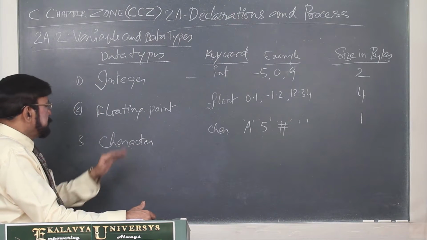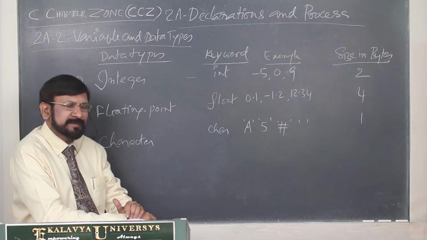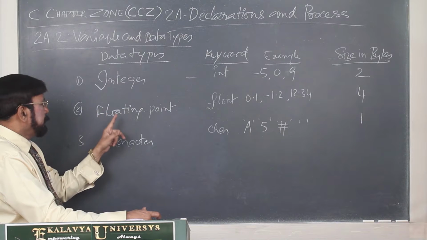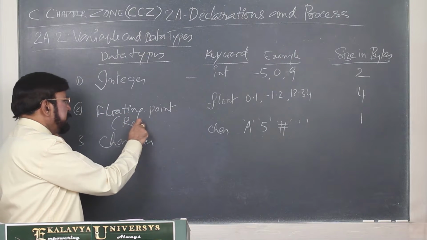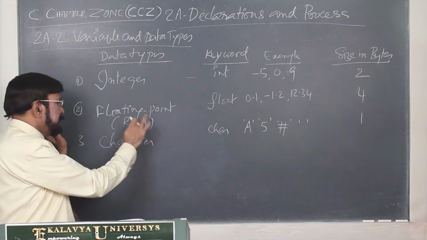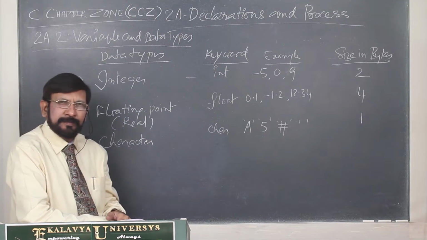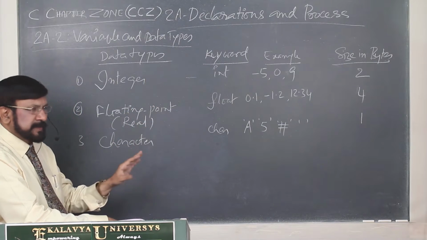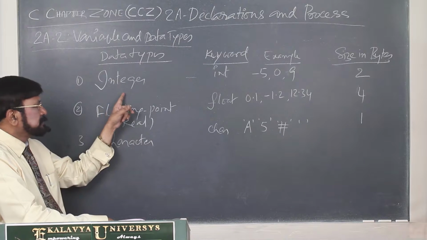For that purpose, we have made the basic classification like this: integer, floating point. Floating point means nothing but what you call real in mathematical terminology. Next, character. Basically, we are classifying all the data types into three types.